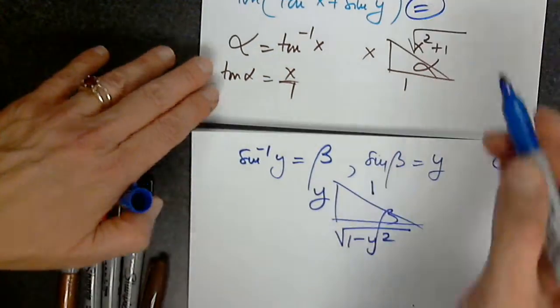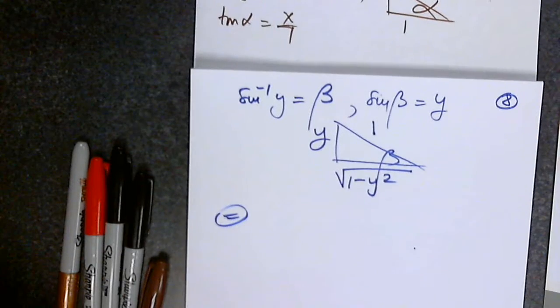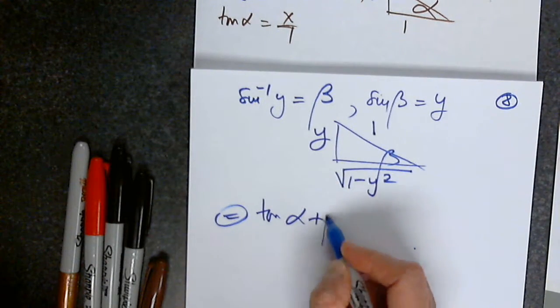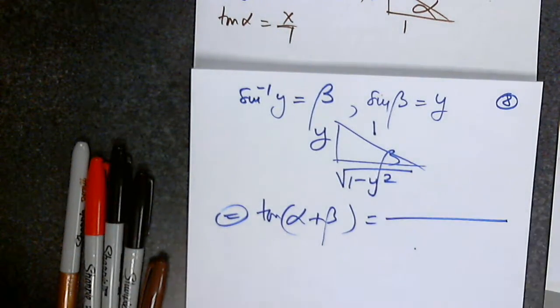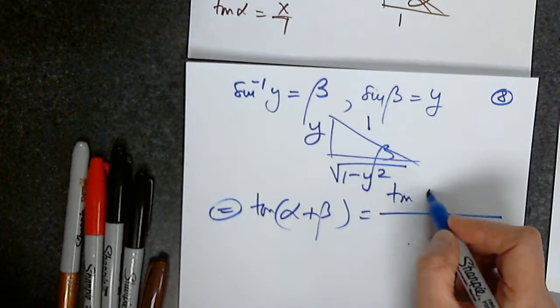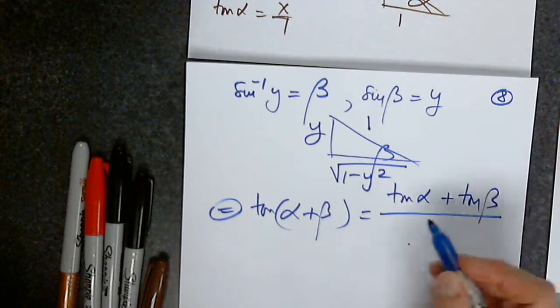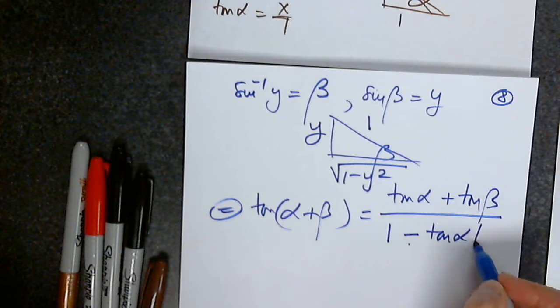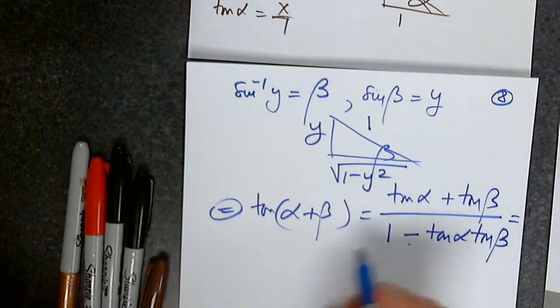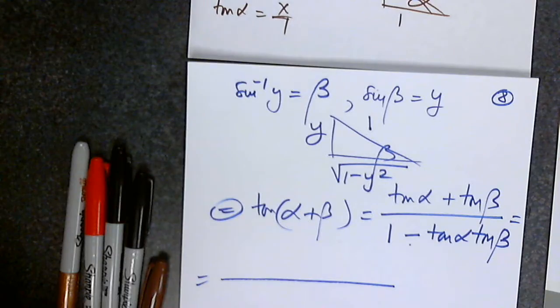So now, I really know that this is tangent of alpha plus beta. And I know the formula: tangent alpha plus tangent beta over 1 minus their product. All I have to do is plug them in.